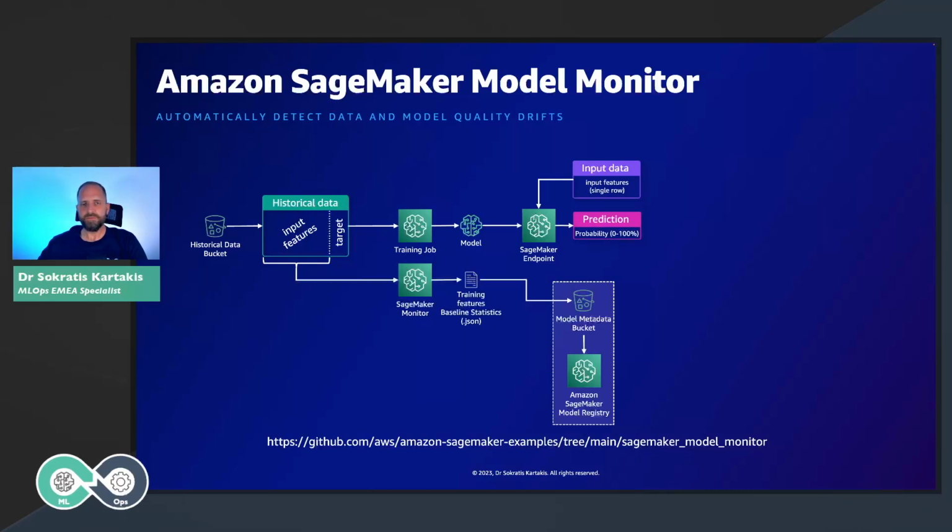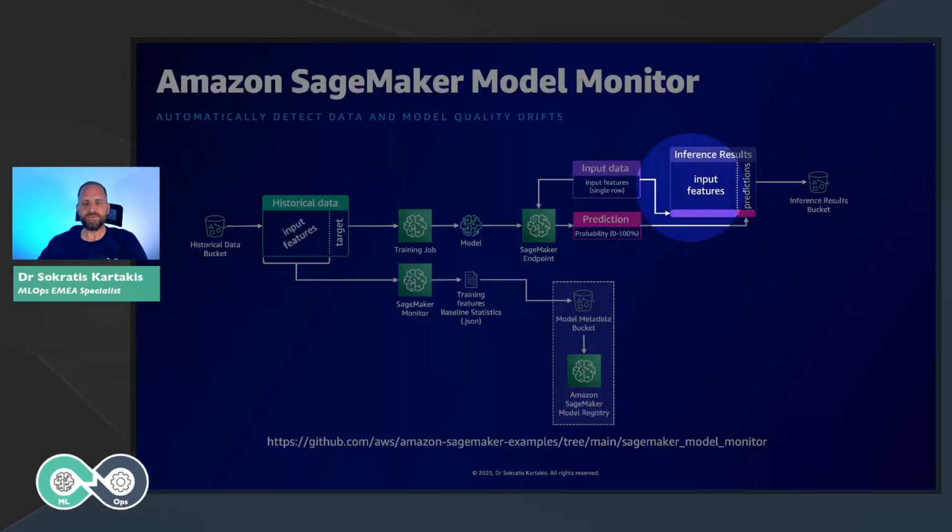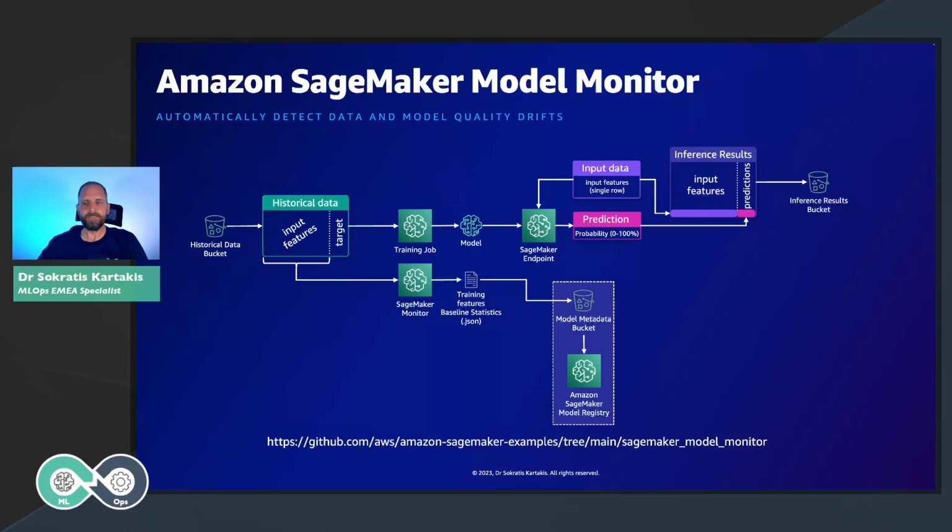Why? Because more or less you need to check the distributions of the data. That means that somehow you need to store the data into an inference results table. Into this inference results table, we store the input features that we got as input data and the predictions that we got from the endpoint.